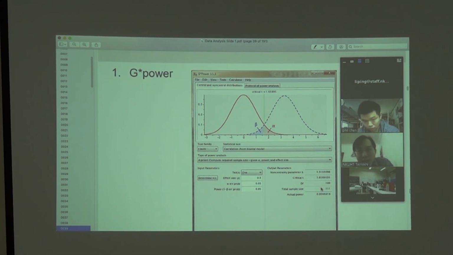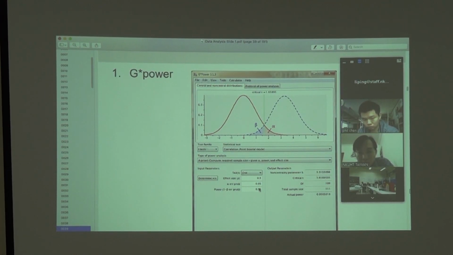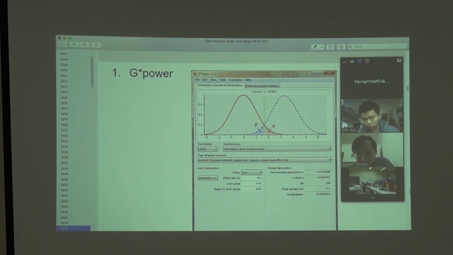Based on my impression, if I use F-test here, if I use regression here, if I use A priori here, this one 0.15, this one 0.05, this one I put 80, and this one I put 3.